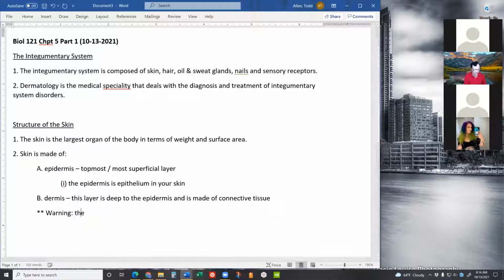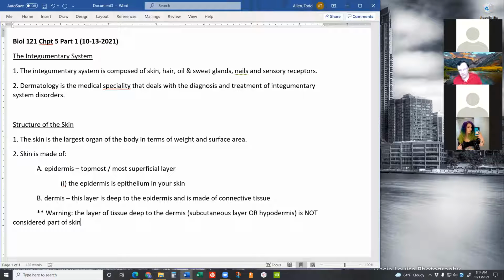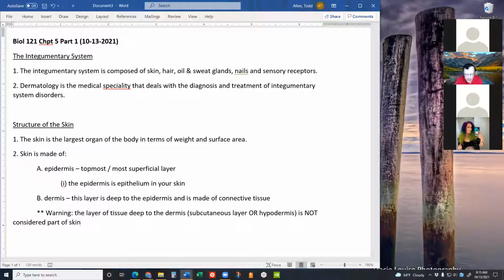Okay, the layer of tissue deep to the dermis, which is known as the subcutaneous layer, or it's also known as the hypodermis, is not considered part of skin. Here's the reason. When we think about the cells that we find in a typical organ, whether that organ be the heart, the kidney, or the skin, the cells that are part of an organ share a common ancestry.